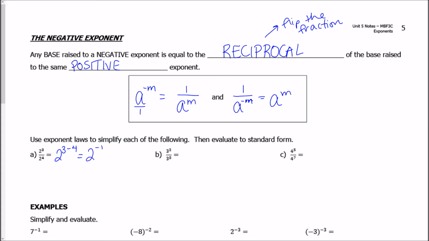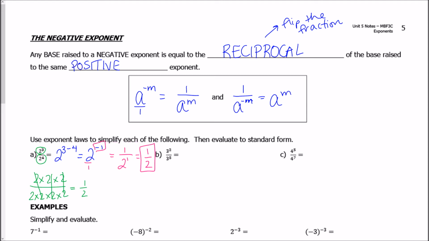But because our exponent is negative here, we're going to do the reciprocal of the number 2, which is 1 over 2, and I'm going to raise this to the power of positive 1, so my answer is 1/2. And that should make sense to you because 2 times 2 times 2 is what we have in the numerator, and then 2 times 2 times 2 times 2 is what we have in the denominator. And the 2's cancel out, so I'm left with 1 over 2 as my answer.